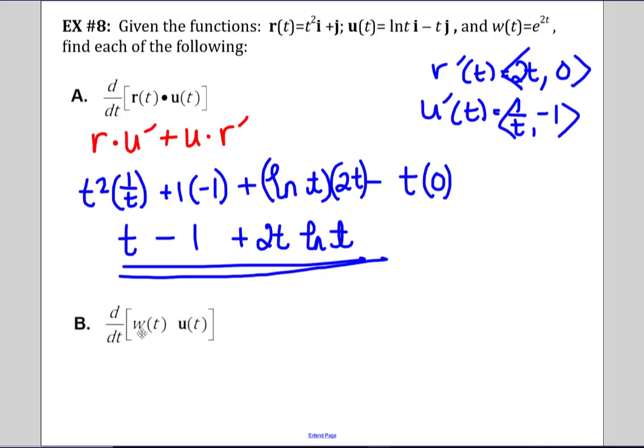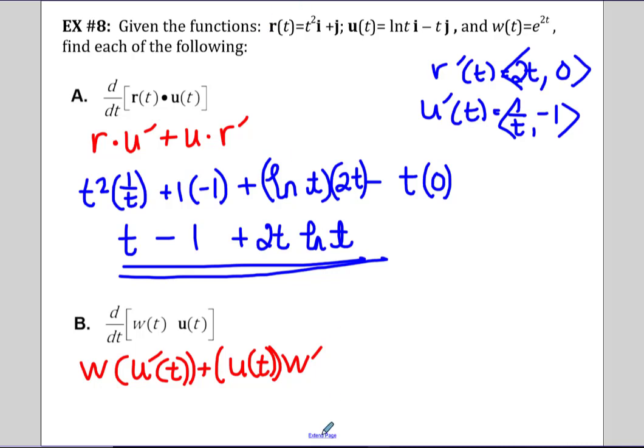So let's write that out. That's going to be W U prime of T plus U of T W prime. So just like first times derivative of the second plus second times derivative of the first. So it's all pretty familiar.